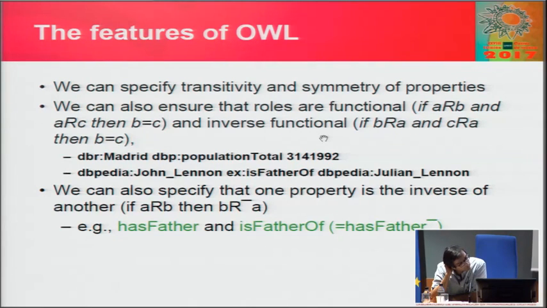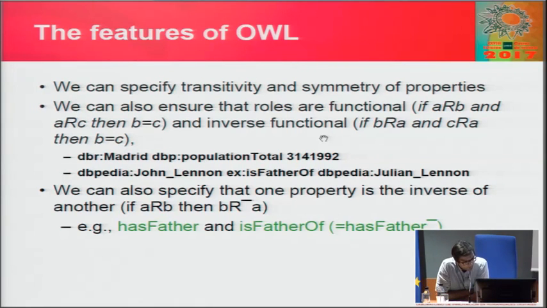So in this case, if you have two different triples where Madrid is the subject of each of them and population total is the predicate, then you can assume that the object of the property is the same.